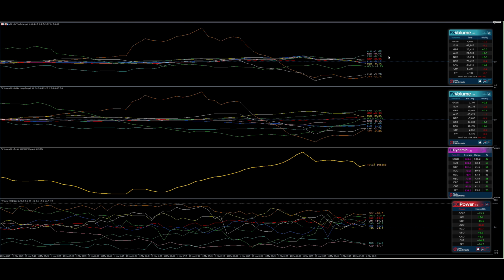And best thing is, the Aussie dollar is the one with the most interest here in new trading positions, and the interest of the retail traders is in Aussie dollar sell positions, so this also confirms what we see here in our strength analysis.